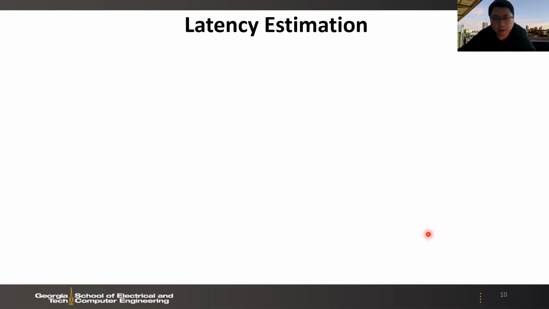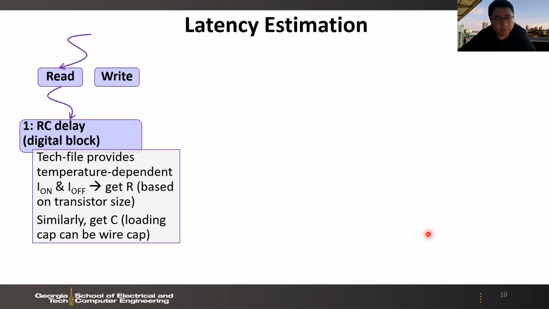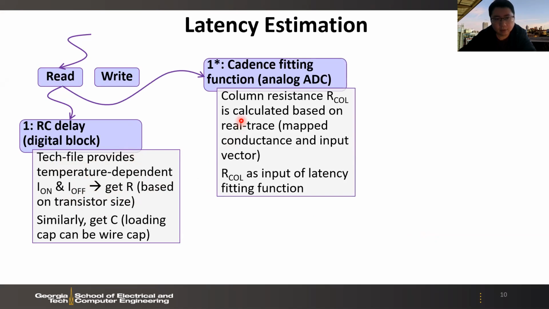And then the latency estimation. So we will look at whether it's read or write. And then for the read, we will look at the digital blocks and try to estimate the RC delay depending on the transistor parameters like on-state current and parasitic capacitance. And then for the analog path, we have to fit with some SPICE simulation because it's hard to analytically model that.